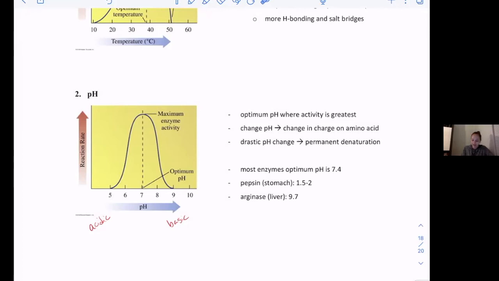If there's a big pH swing, then you denature the protein, so you're fully disrupting those correct folds. If you just vary it slightly, you lose some activity, but it doesn't completely kill it.